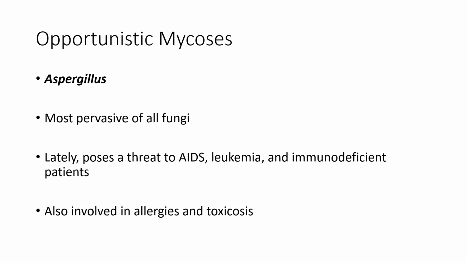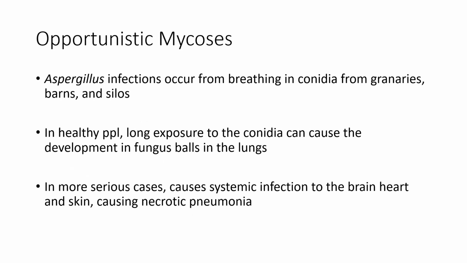And this one, it says it's most pervasive because it's causing a lot of different little infections, but it can also be involved in allergies and toxicosis. Okay? But they can just occur from breathing in these conidia from things such as granaries, barns, and silos. So more of like a farm type setting.